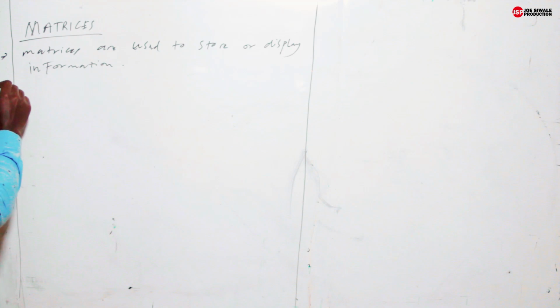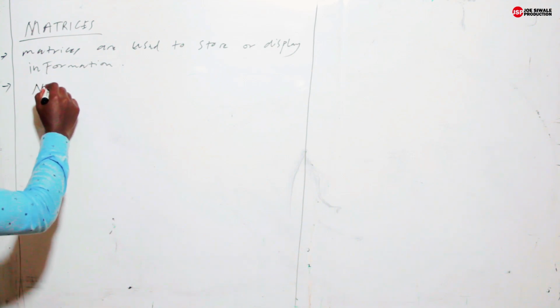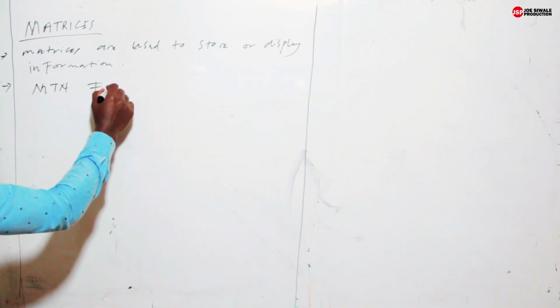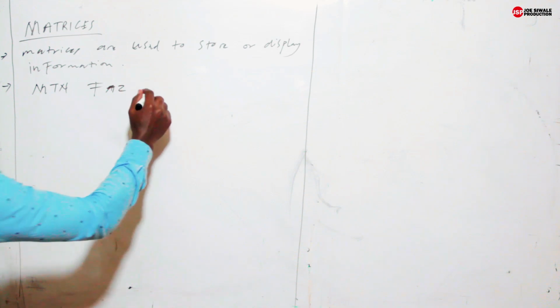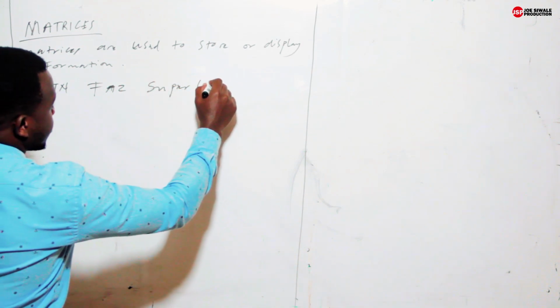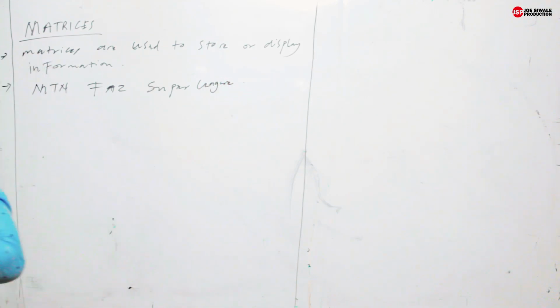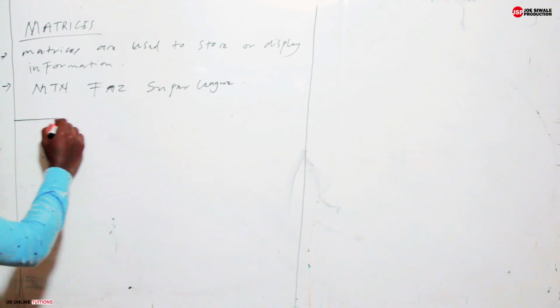And we're going to look at this example. For example, if we take a look at the MTN FAS Super League, we're going to draw this table.